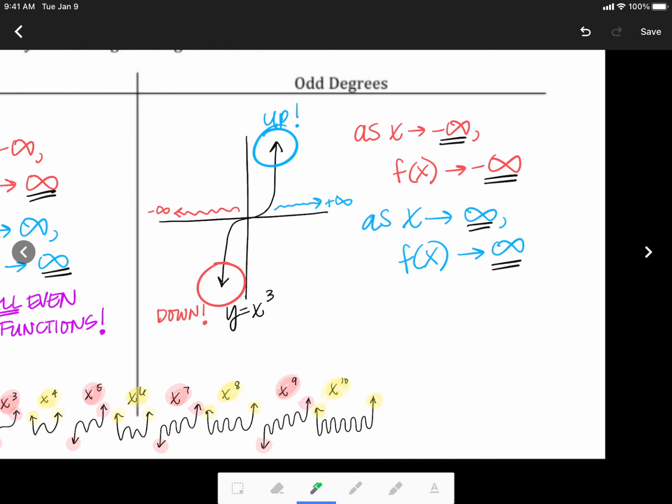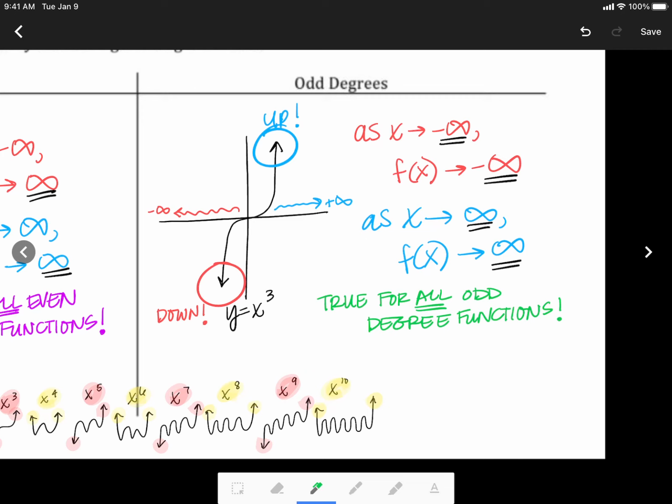This is true for all odd degree functions. It's true for all of them, whether it's x to the third, x to the fifth, x to the seventh, even that x to the 67th I drew on the last page.